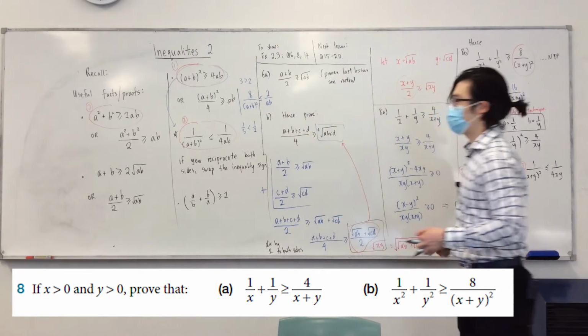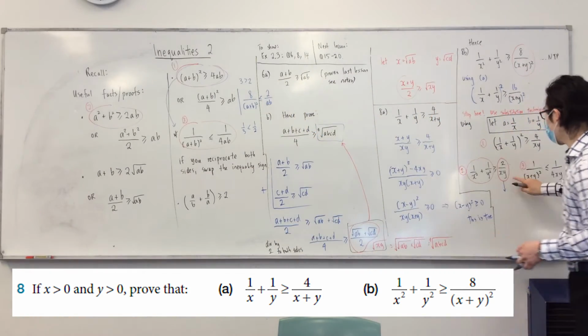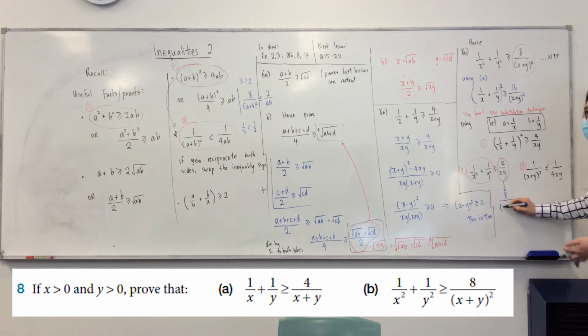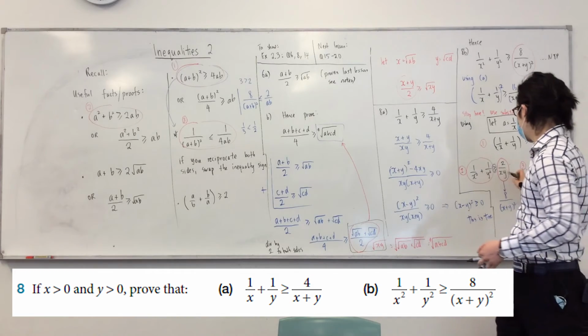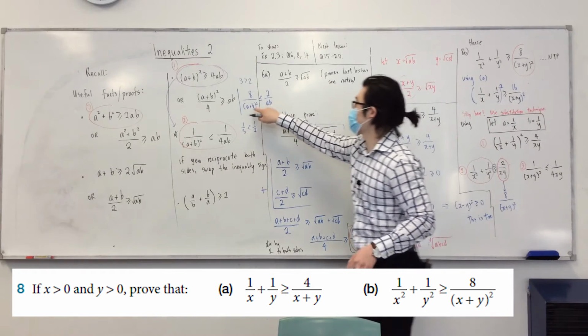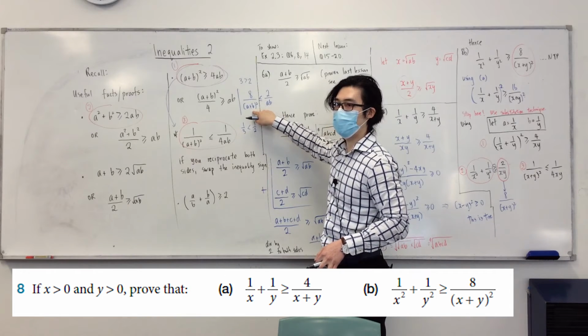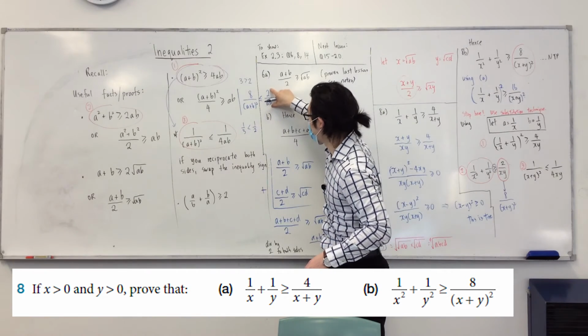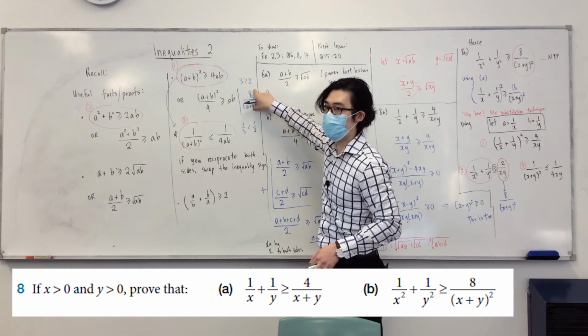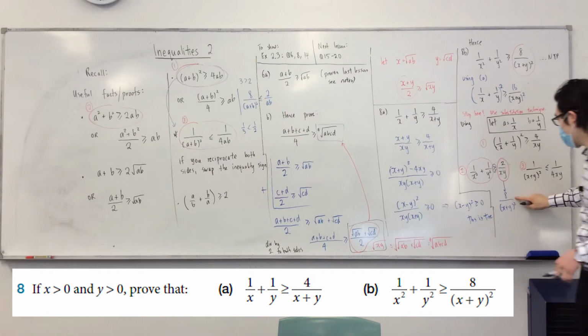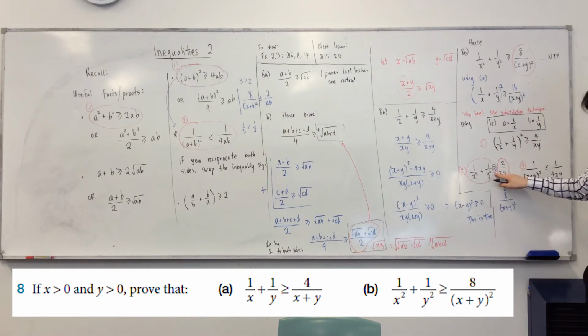Oh, and that's what I have. So in our case, this inequality will still hold because I'm replacing this with something smaller. I have this, and this is greater than that. So if I replace this with something smaller, then this inequality will always still hold.